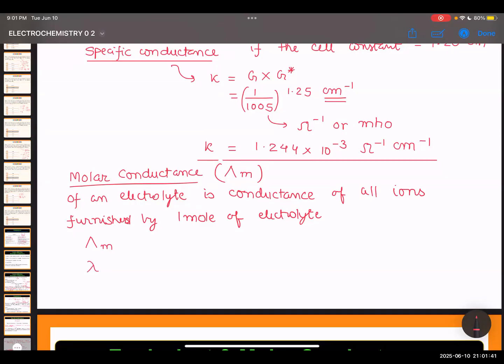This is small lambda, and this is capital lambda. Is it clear or not? So this lambda is for the molar conductance. Means if you measure the 1 mole of NaCl, that is the conductance by 1 mole of NaCl, that is the molar conductance.